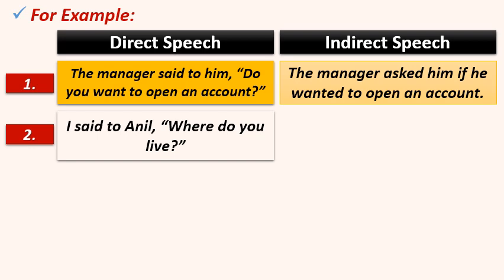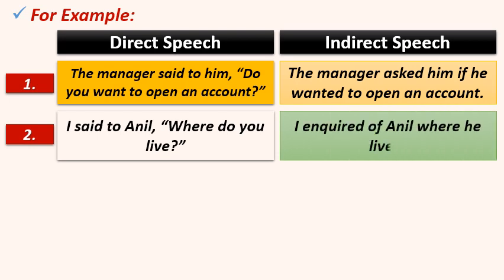So according to the sense of the sentence, apart from ask, asks or asked, we can write inquire or inquired also. And keep one thing in your mind, inquire or inquired are always followed by "of" plus object. So the sentence will be: I inquired of Anil where he lived.